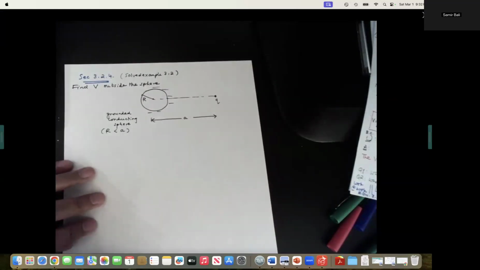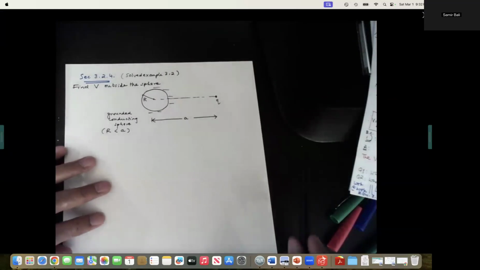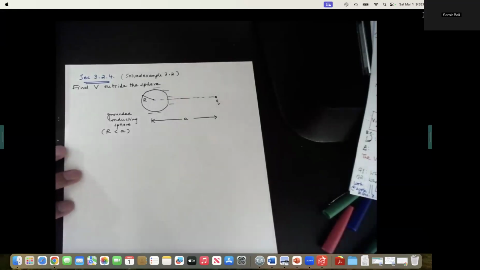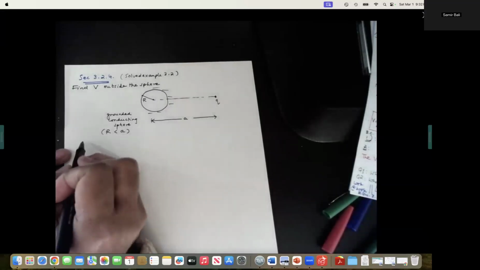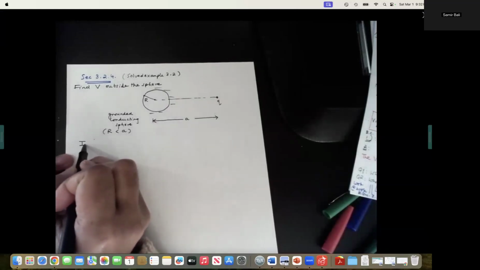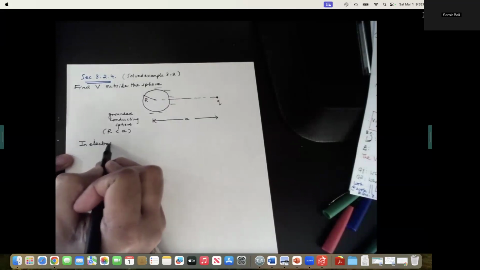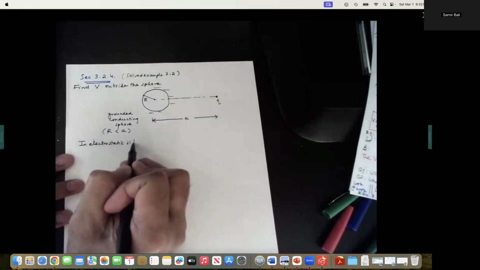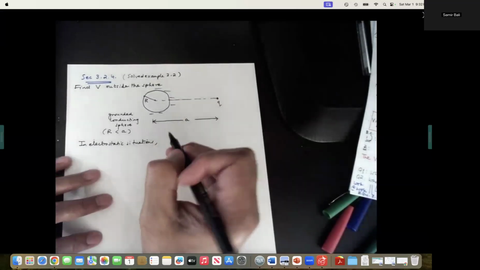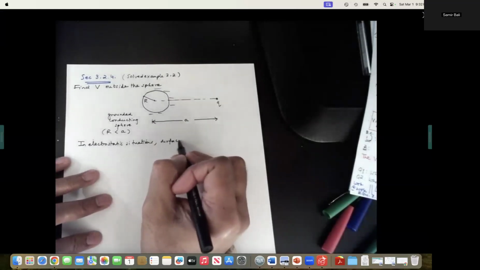Okay, so what we do in this case is that let's first write down the boundary conditions, right? Well, we start off with, in electrostatic situations, the surface of the conductor is an equipotential.